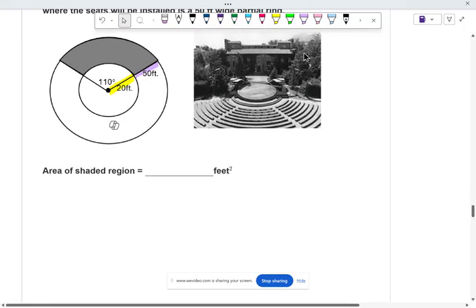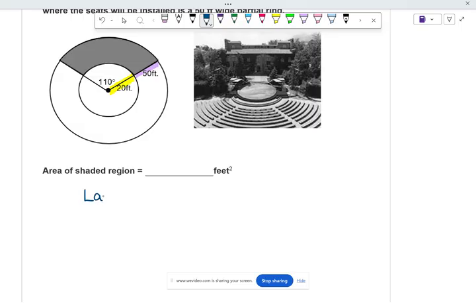All right, to do that, we're going to find the area of the larger sector minus the area of the small sector. So for the large sector, here's what we're looking at.